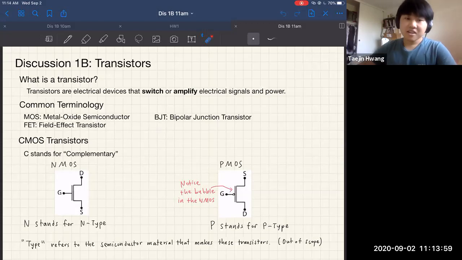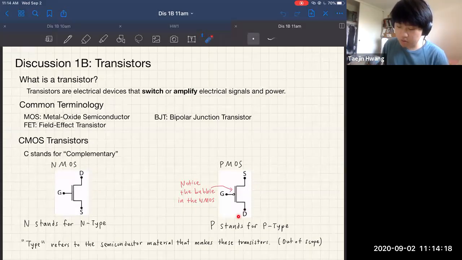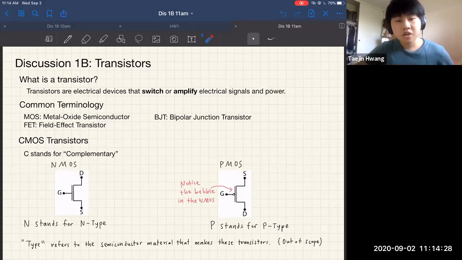And the main transistor we're going to be seeing in this class is the CMOS transistor. The MOS stands for metal oxide semiconductor, but the C stands for complementary. And complementary here means these two types of transistors kind of complement each other. I think someone talked about this in lecture yesterday, where you have the NMOS transistor and the PMOS transistor, and the two are sort of mirror images of each other.